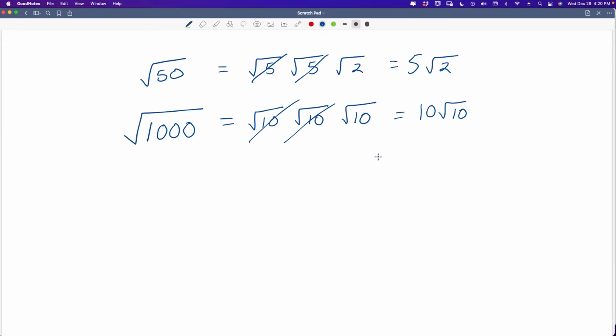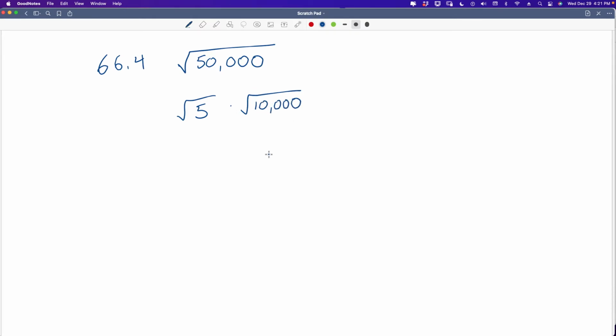So let's try a really big number. Let's do example 4, 66.4. We are going to simplify the square root of 50,000. So we see 4 zeros. So we write the square root of 5 times the square root of 10,000. All right, 4 zeros.